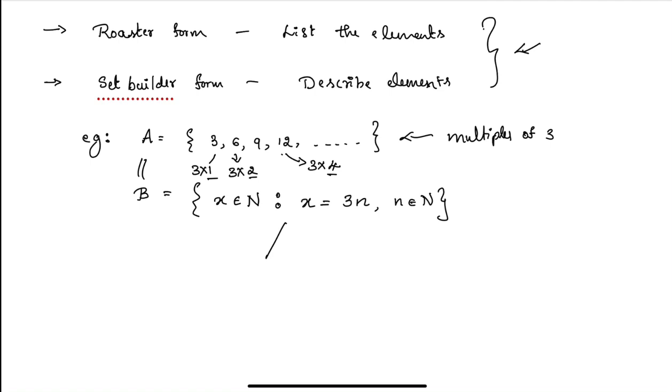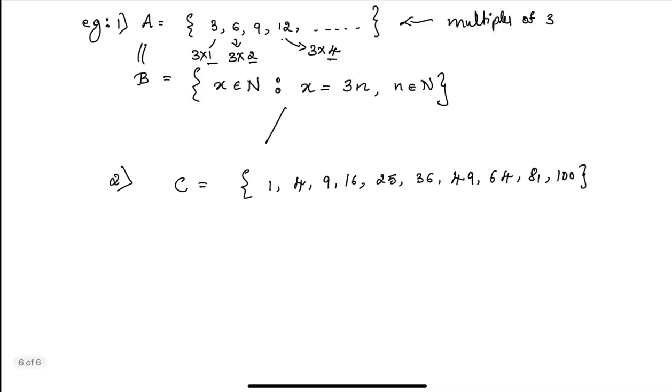Suppose I take one more example. Can you guess what numbers I am writing? Exactly, they are the square numbers from 1 to 10. How can you write it in set builder form?